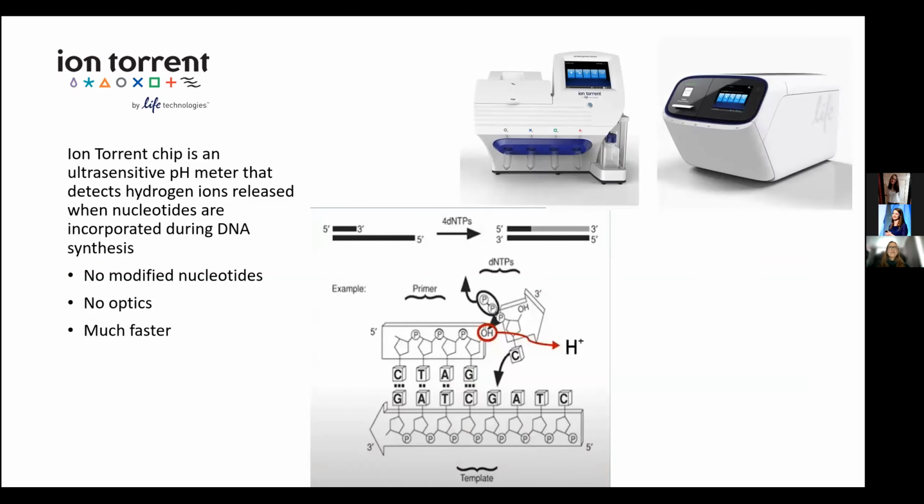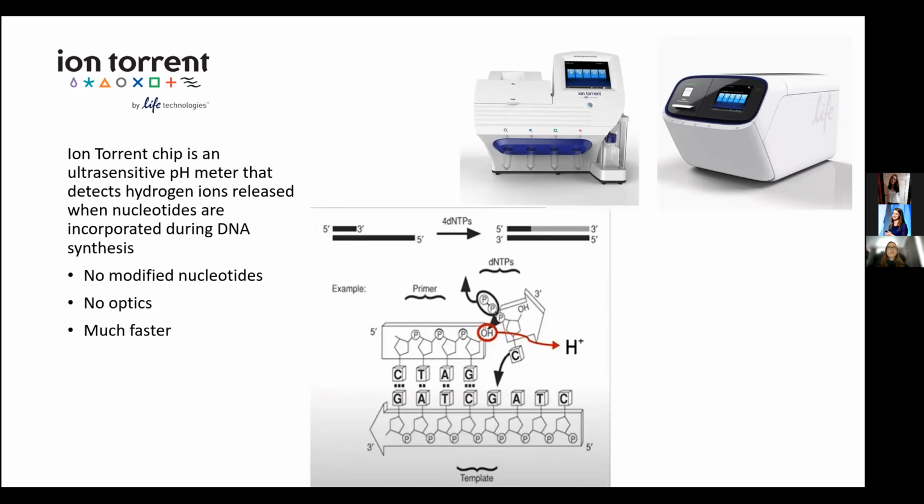Then the next is semiconductor sequencing, the Ion Torrent. The Ion Torrent is basically an ultrasensitive pH meter that detects hydrogen ions released when nucleotides are incorporated during DNA synthesis. This process eliminates the need for an optical system, thereby simplifying the overall process.